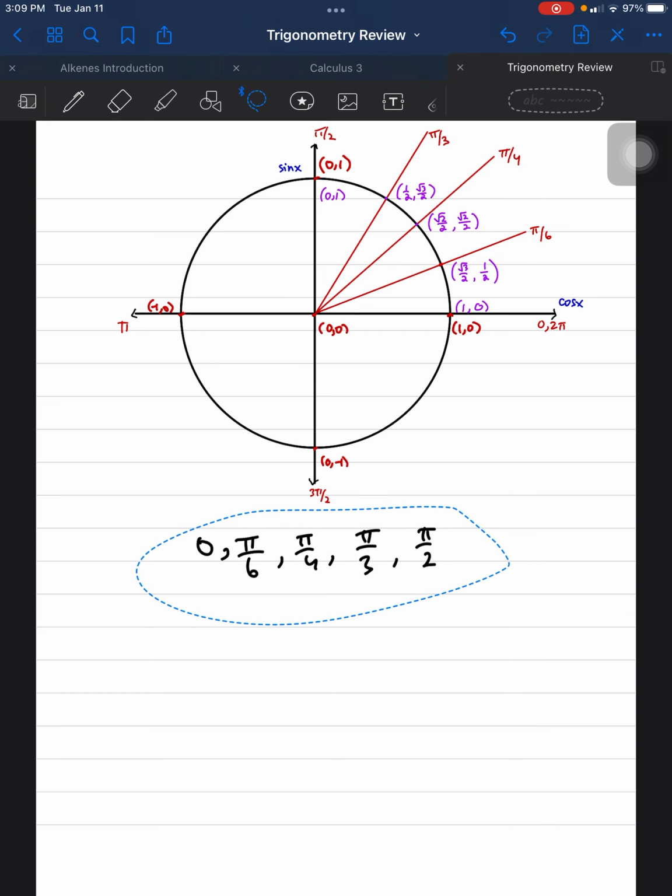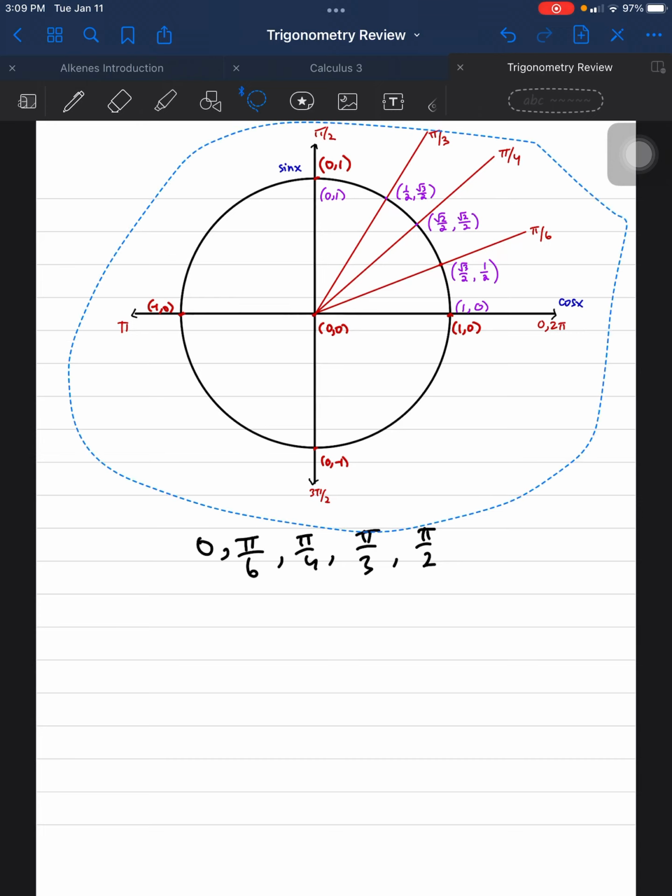But usually you're going to have to memorize a small table of values, and I'm going to show you a little trick to actually write out that table of values, which makes it a lot easier to memorize.